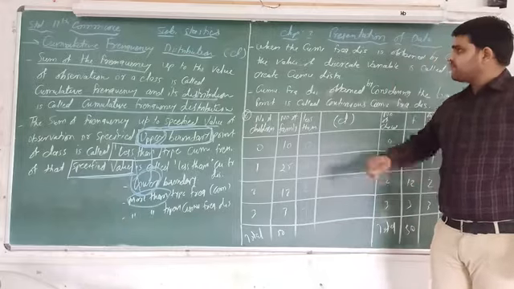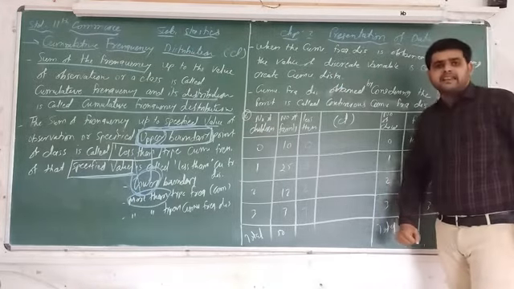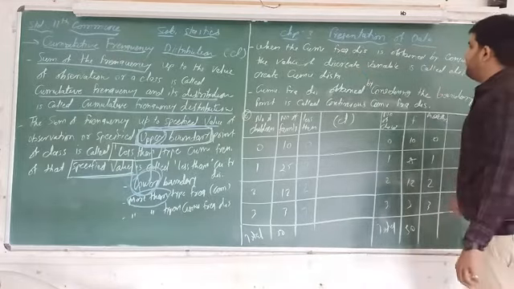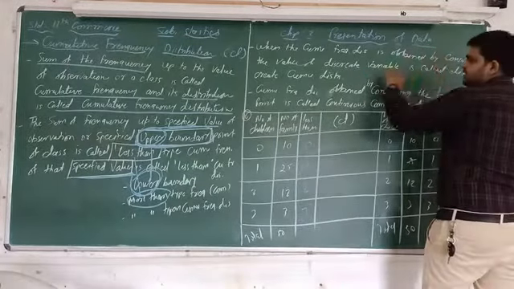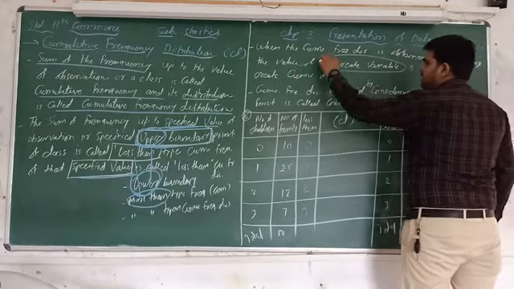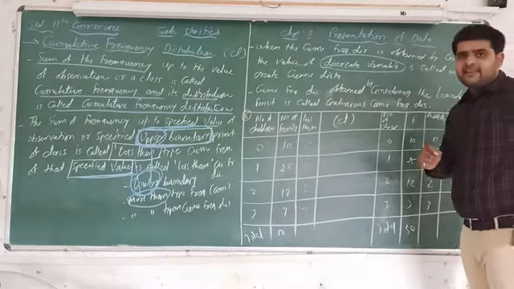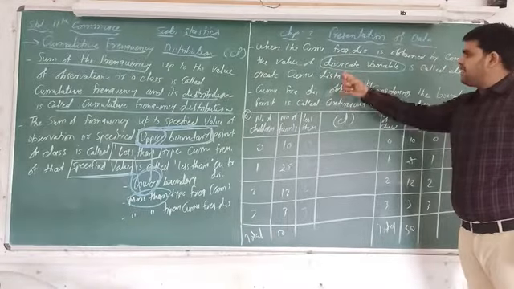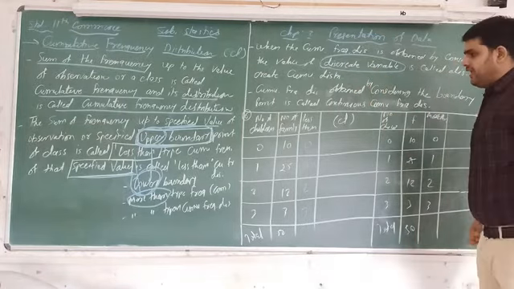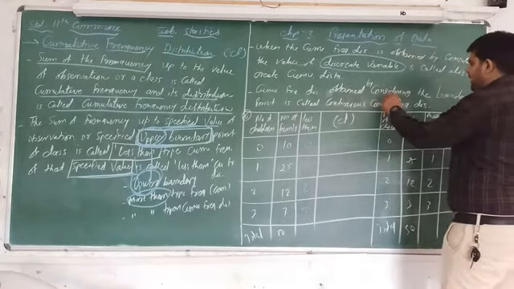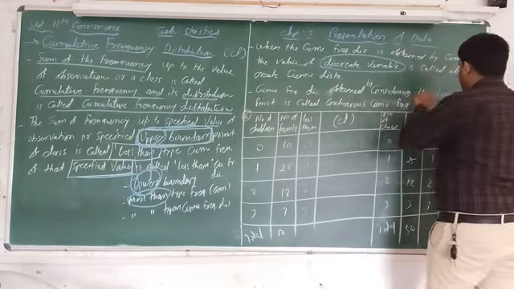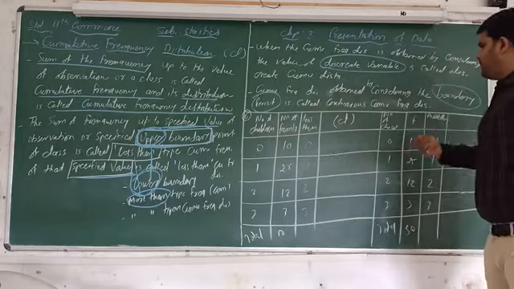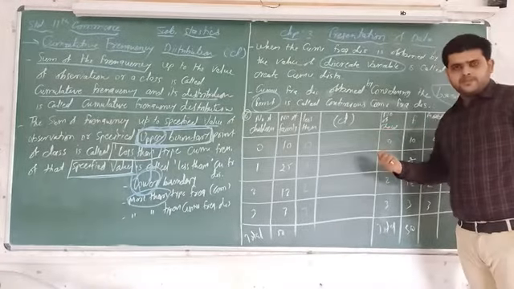Second, what are the discrete and continuous cumulative frequency distributions? When the cumulative frequency distribution is obtained by considering the values of a discrete variable, it is called a discrete cumulative frequency distribution. And if the cumulative frequency distribution is obtained by considering the boundary point, that is called a continuous cumulative frequency distribution.